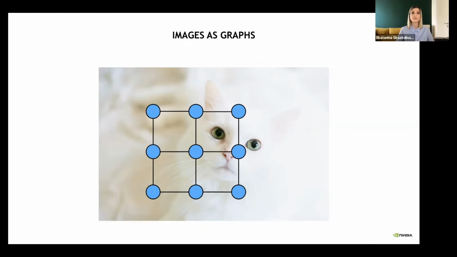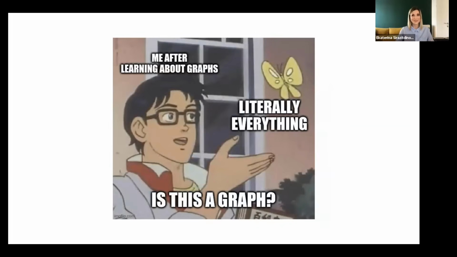However, here I must say that it's not optimal to represent images as graphs, because such graphs will be large, and we are still a bit limited in terms of computation when it comes to large data structures. So in essence, you can represent anything as a graph. Once you've learned about graphs, at least how it happened to me, you start seeing the world through the prism of graphs and how to model anything with graphs.